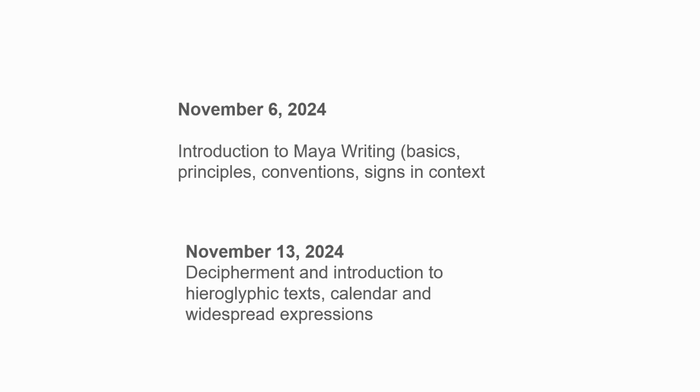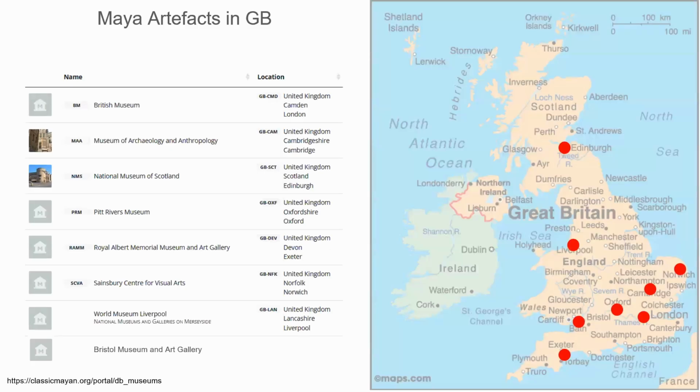It's not a typical workshop situation, because otherwise I would talk for 10 minutes and give you some exercises. Right now it's more explanation of the very basic principles of how Maya texts are written, what a sign is, what a graph is, and how a Maya text has to be approached.